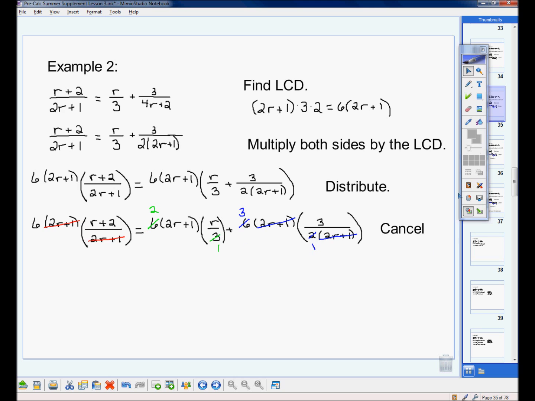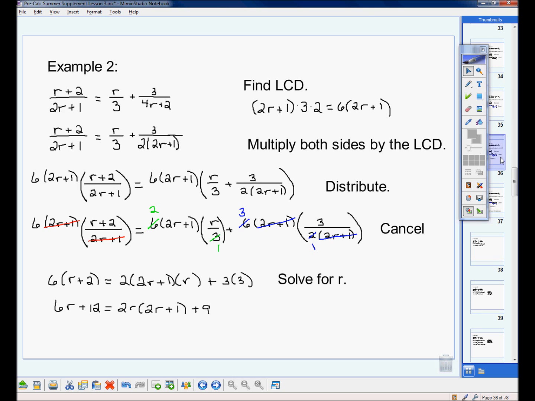Everything should have canceled out. So we can clean that up and simplify it a little bit. 6 times r plus 2, 2 times 2 plus 2r plus 1 and r, and 3 times 3.